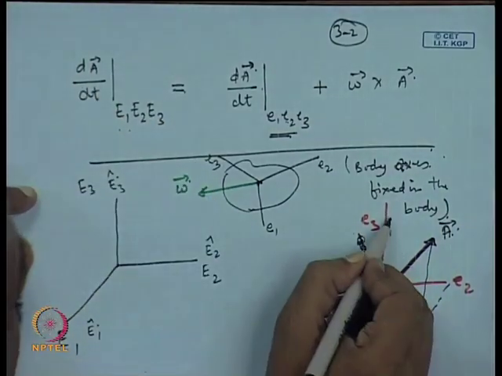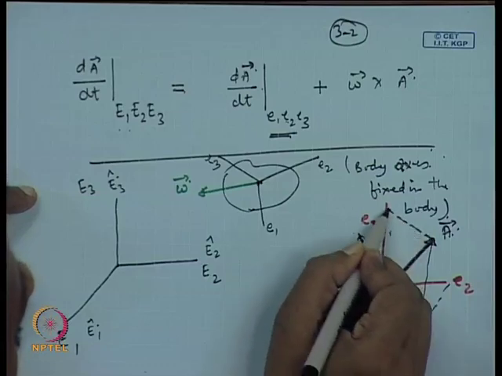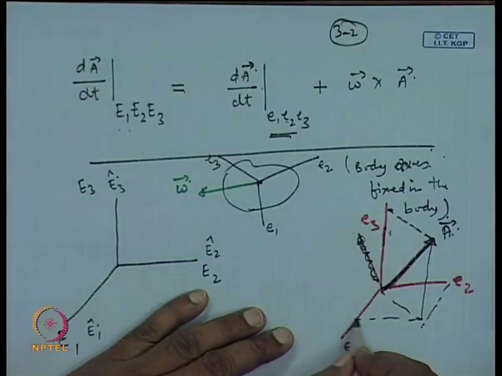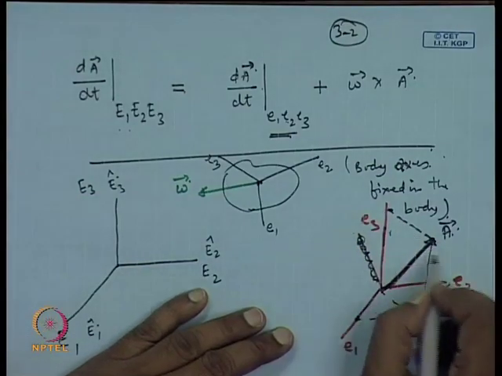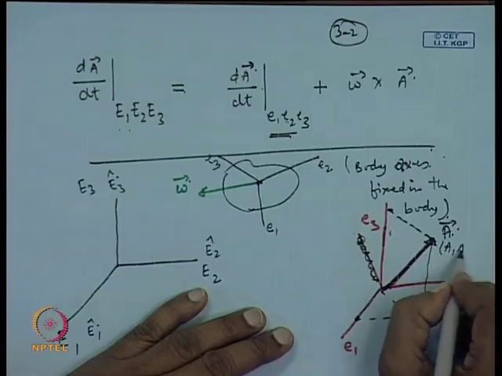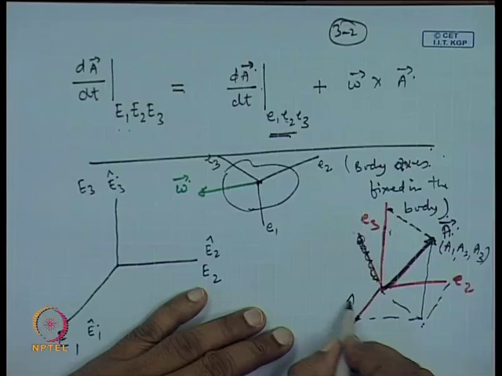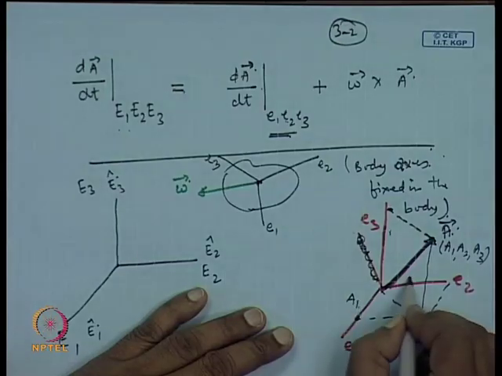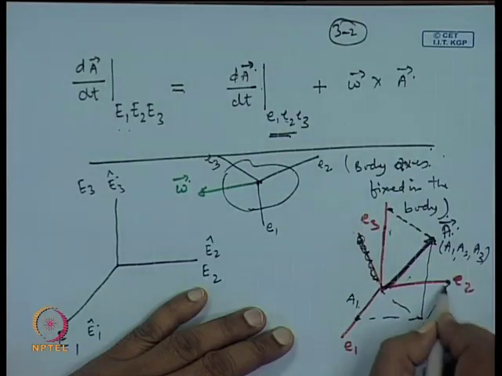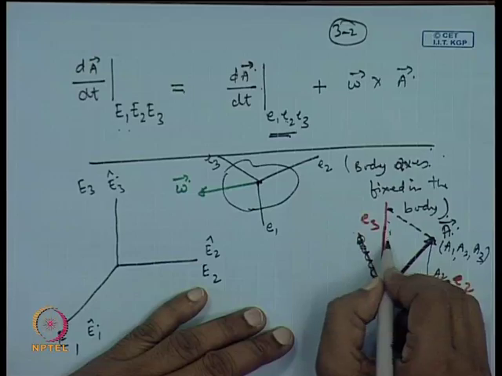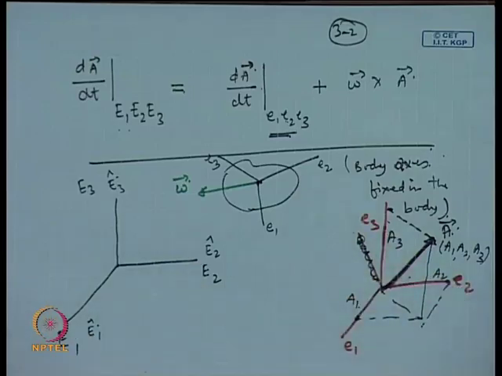So the coordinates can be written as A1, A2, A3. These are the components along the E1 direction, E2 direction, and this vertical component A3.